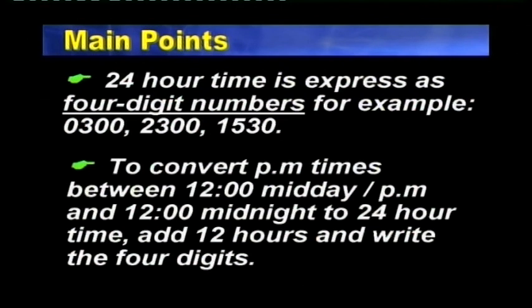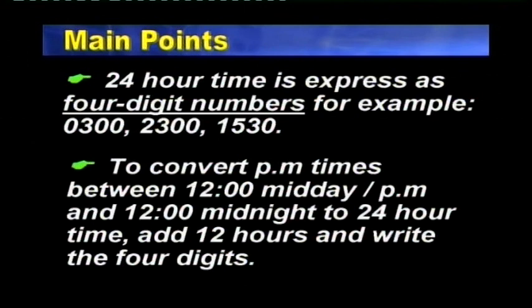Okay, looking at the second point, to convert PM times between 12 midday or PM and 12 midnight to 24-hour time, we add 12 hours and write the 4 digits. So we have 12 hours during the day.